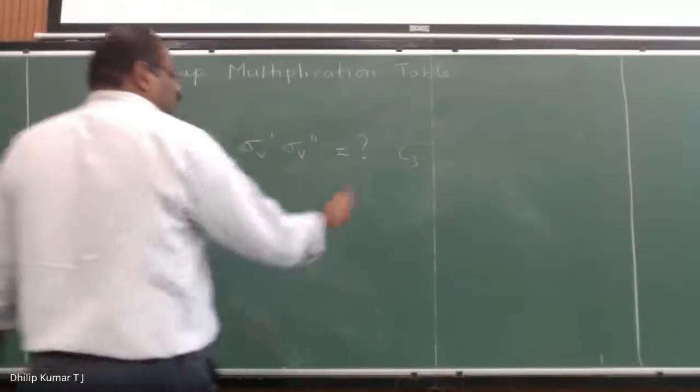We'll get C3 squared. Yes, sir. Let me check. Sigma v and sigma v''. Okay, correct, C3 squared. So everyone, thank you, Robin.